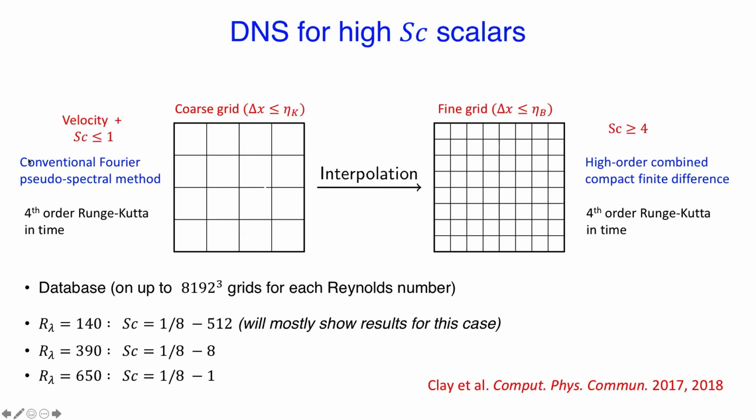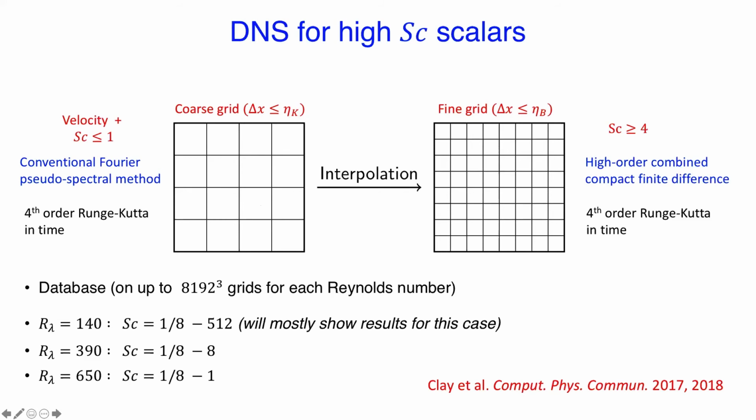And for this, we'll use a conventional Fourier pseudospectral method. But instead of solving for the scalar on this grid, we will solve for the high Schmidt numbers on a finer grid, for which we will not use pseudospectral methods because they are very expensive. Instead, we will use a very high order compact finite difference scheme.